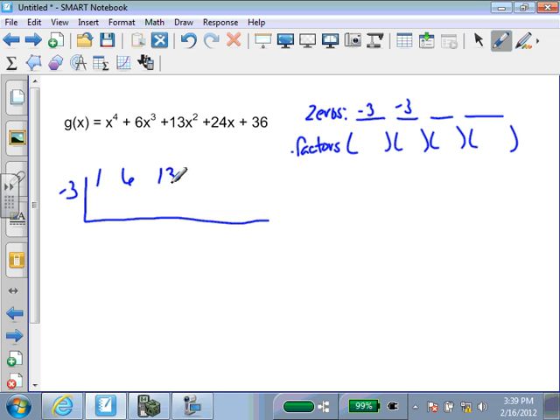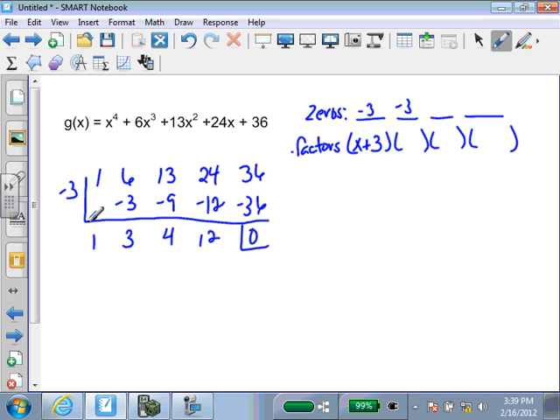1, 6, 13, 24, 36, 1, negative 3, 3, negative 9, 4, negative 12, 12, negative 36, 0. Correct. Plus 3. Try another one. 1, negative 3, 0, 0, 4, negative 12, 0.